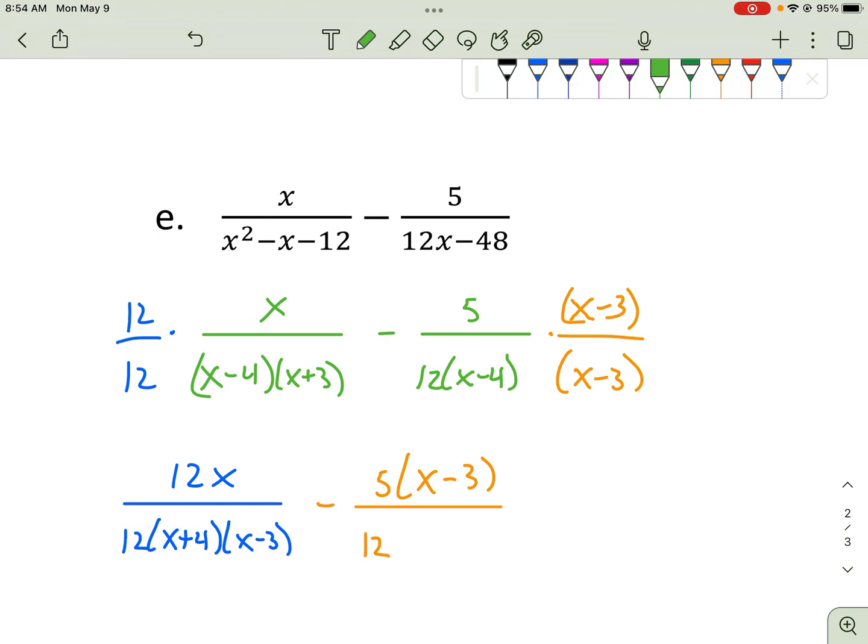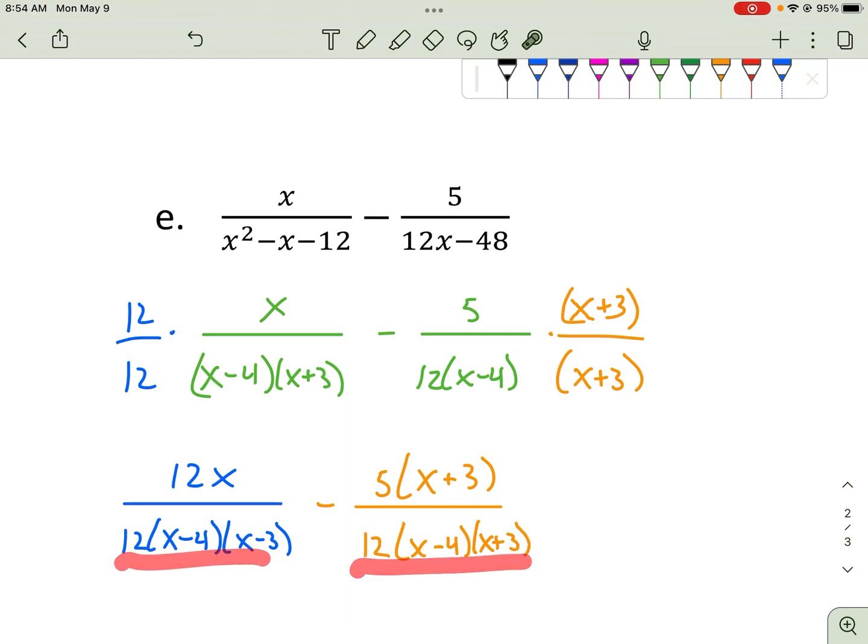That should have been x minus 4, yeah, x plus 3. That means these should just be x plus 3s right here, and that should be an x plus 3. So just change all these to plus 3s. All right, and then we have our denominator is 12 times x minus 4 times x plus 3.